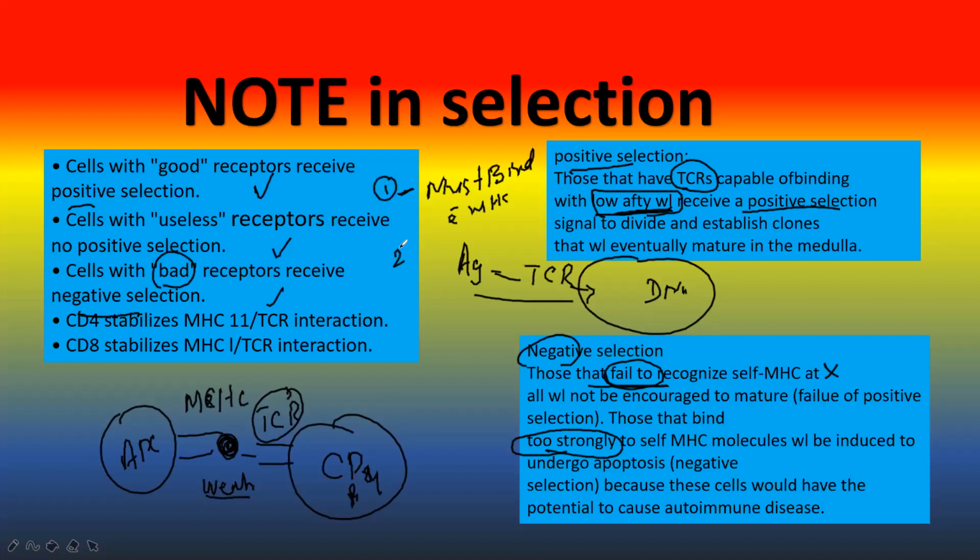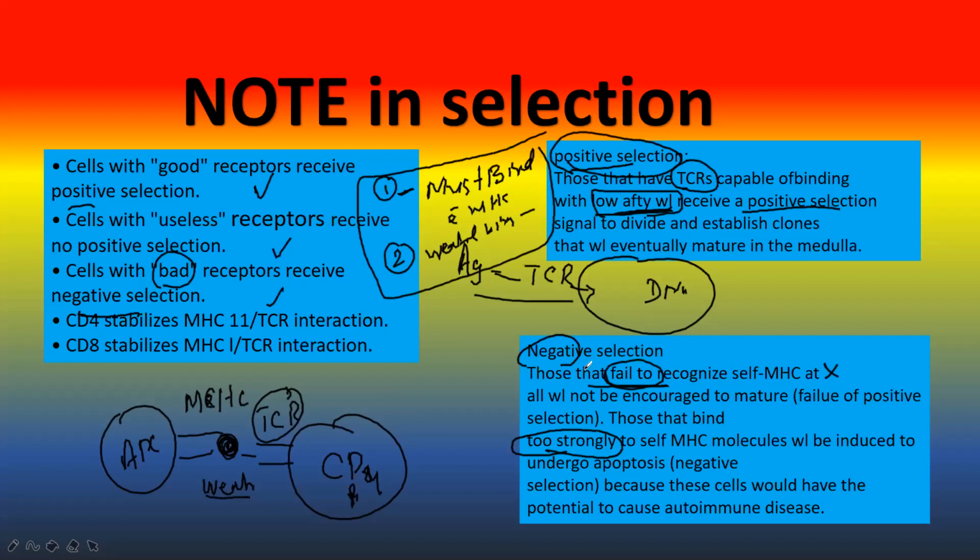How to bind? Weak, strong, very strong? Weakly bind with MHC protein. If the T cell receptor has this property, that cell must be part of our immunity. That's the positive selection. Understand?